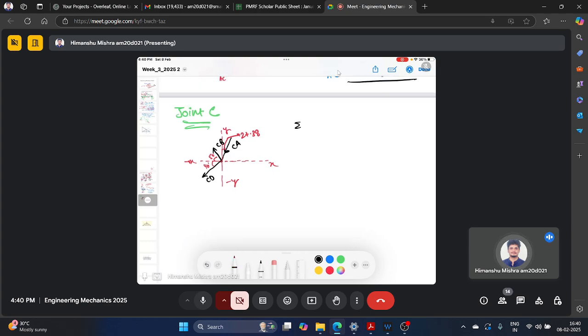So when I use summation of force in x, I will have minus CD cos 40.